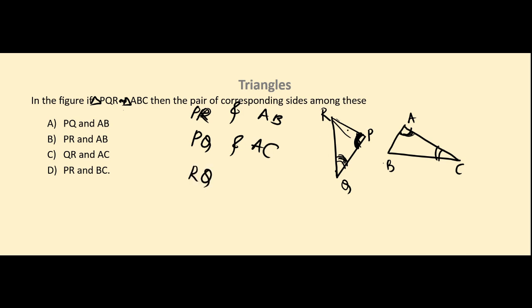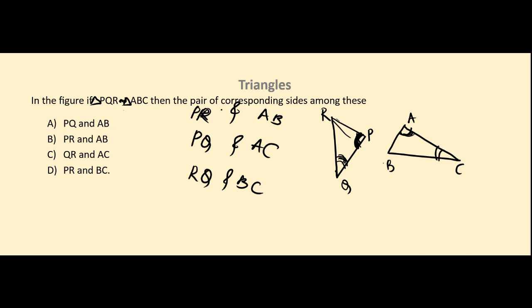So similar to R in this triangle ABC, that is B, and similar to Q in this triangle, that is C. So see here the correct option, what we can write, corresponding sides among these.